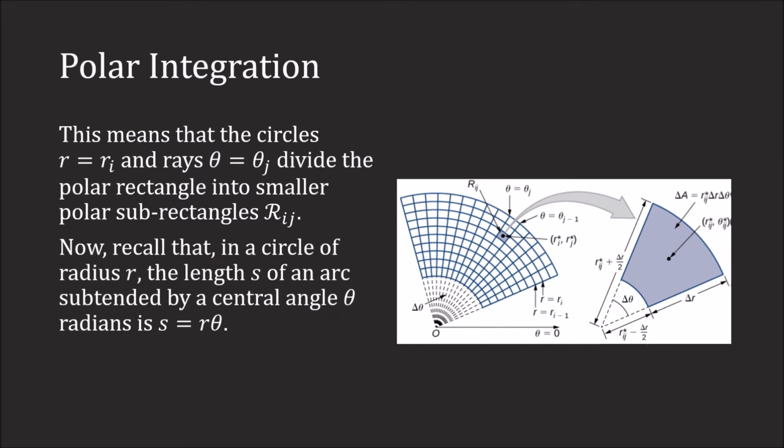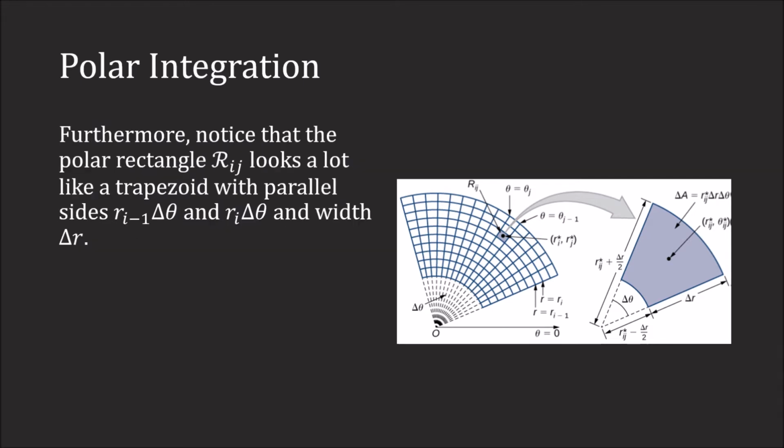Now recall that in a circle of radius r, the length s of an arc subtended by a central angle theta radians is given by s equals r times theta. Furthermore, notice that the polar rectangle R sub ij looks a lot like a trapezoid with parallel sides r sub i minus 1 delta theta and r sub i delta theta, and a width of delta r.